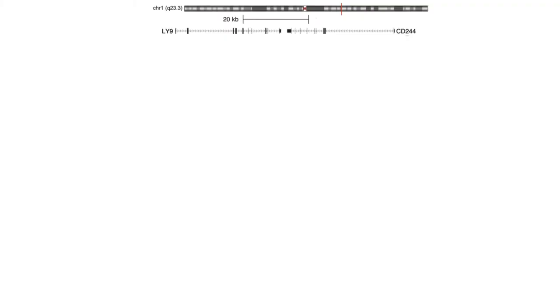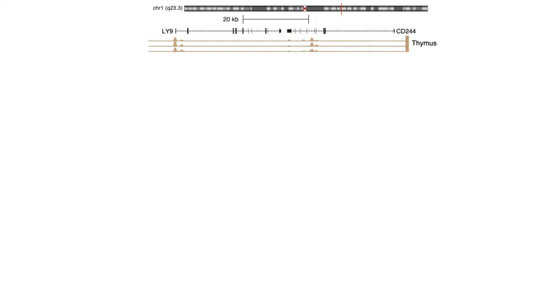So how does this look for indexing DHSs? Here's a roughly 75 kilobase region on chromosome 1 overlying a couple of genes as an example. If we look in thymus, we find that there are some hypersensitive sites in the promoters and the introns of these genes, and they replicate reasonably between samples.